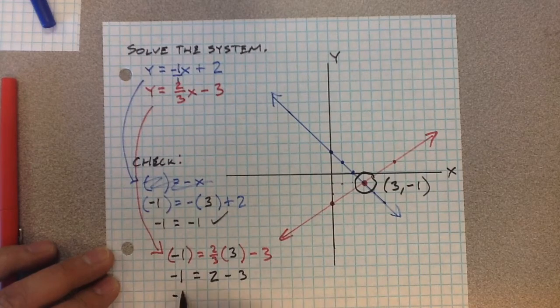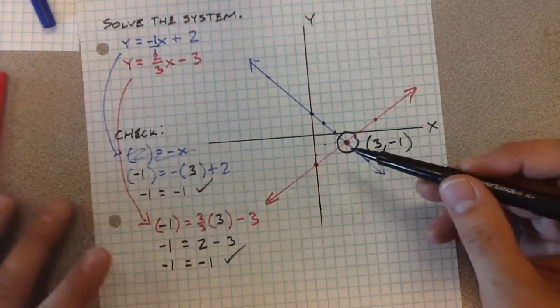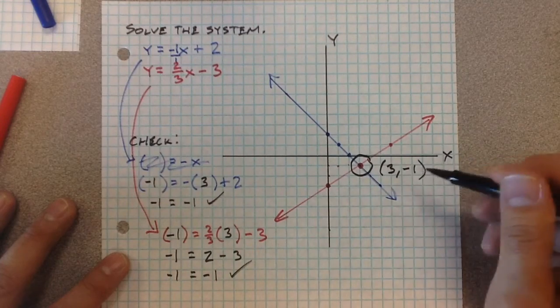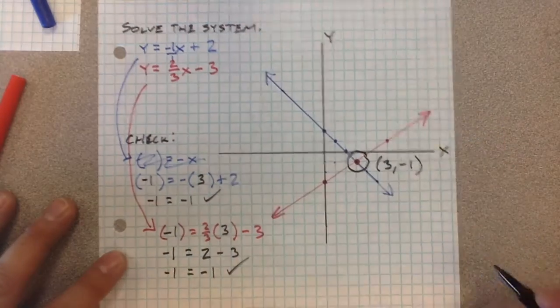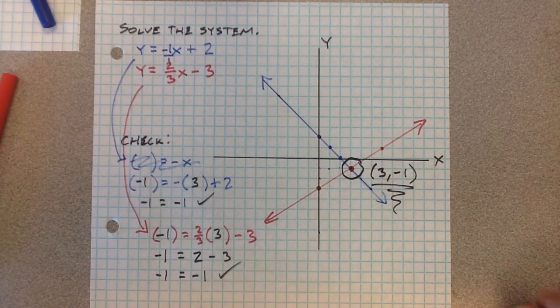And then 2 minus 3 is negative 1. Okay, so this one also checks out. All right, so it turns out that this intersection point between my two lines is the one shared solution to the two original equations. So my solution to the system is x is 3, y is negative 1.